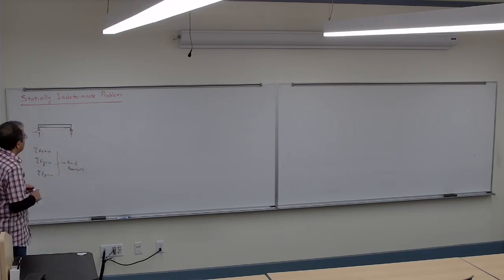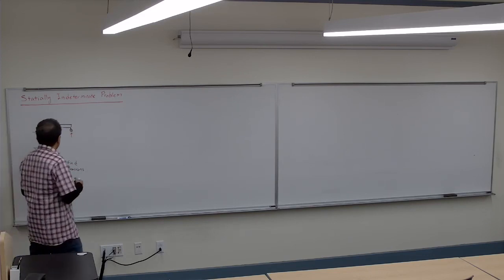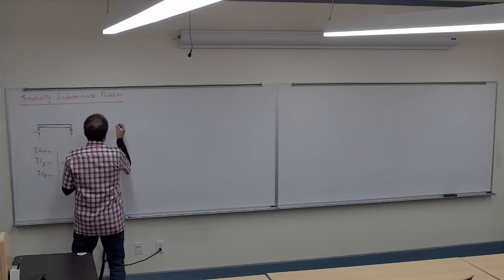So if I have something like that, I can use my statics knowledge and solve it and find whatever I need to find. Now, what if it becomes something like this?